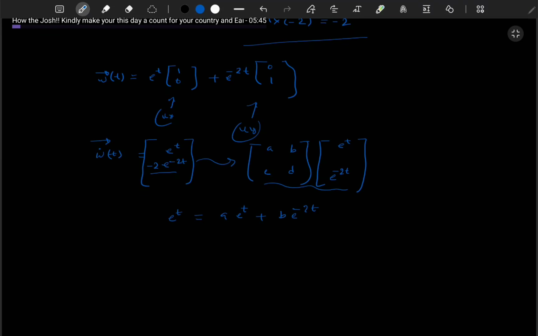Similarly this. From equation 2 we can get a equal to 1, b equal to 0, c equal to 0, d equal to minus 2. I think you will get it.